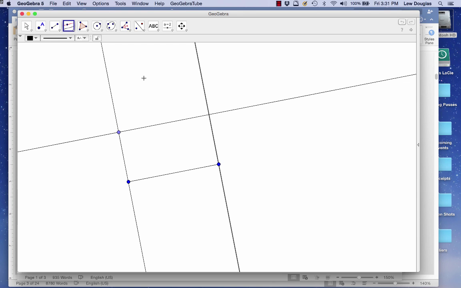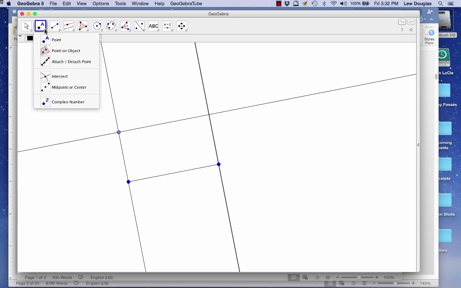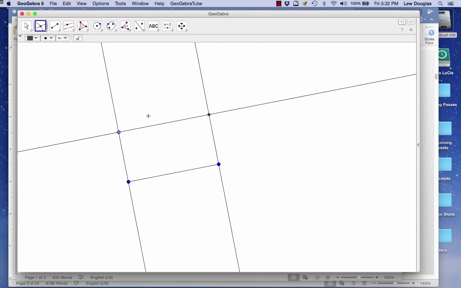And then I want to make a point on the intersection. Just to do it a different way, I could just take the point tool and put it on that point. But another way to do it is to use the intersection and then select the two lines that I want to intersect, and there's the point. So there are many ways to do it.